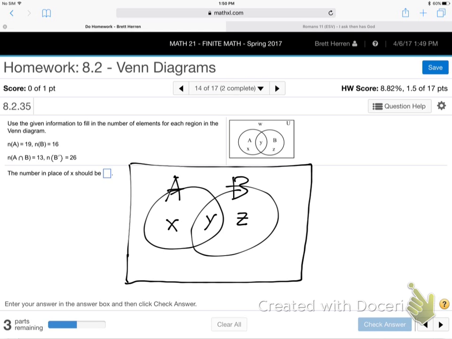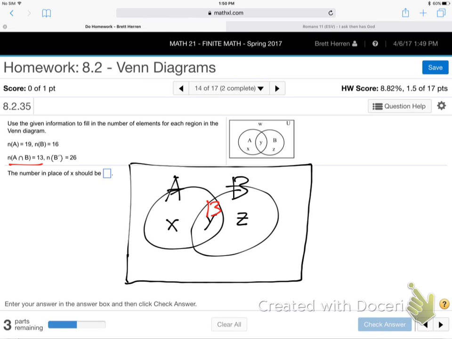Start with that overlap in the middle there. Okay, it says the overlap is 13, right there in the middle.